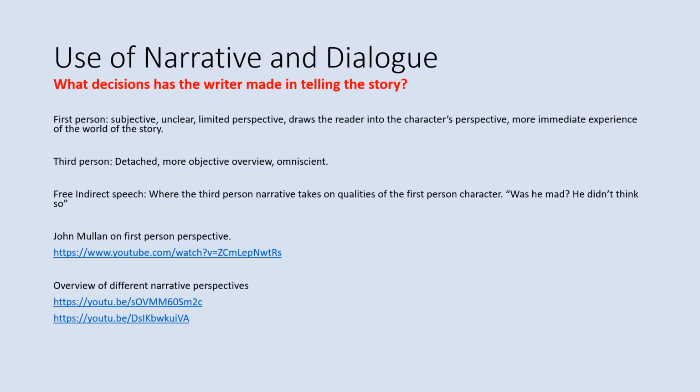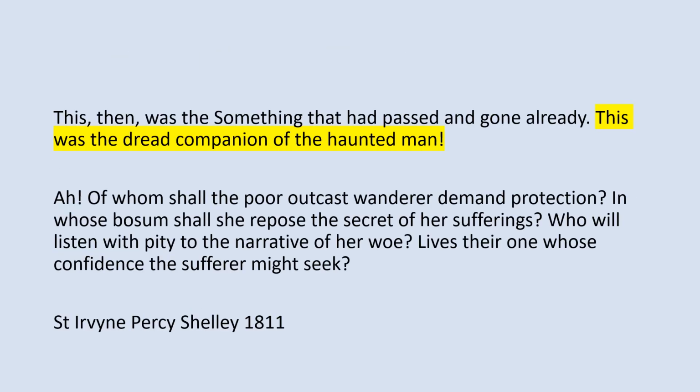And John Mullen's perspectives on YouTube might be worth looking at, as well as these links to other narrative perspectives. As part of your revision, look at what are the advantages of first-person narratives that maybe are unreliable, maybe don't tell the whole picture, and a third-person narrative that gives a kind of sense of distance, but could also be in some ways intrusive as well. Let's look at some examples here.